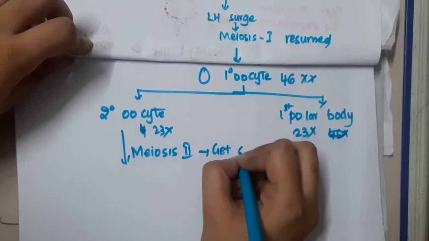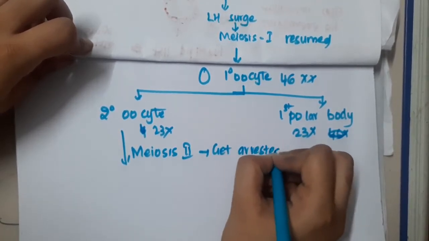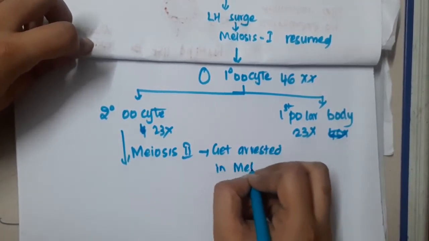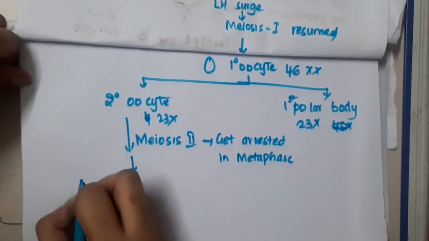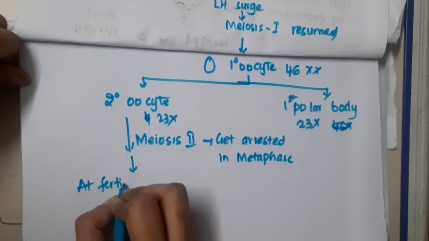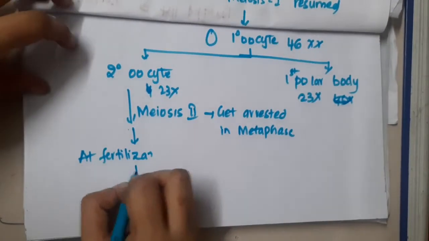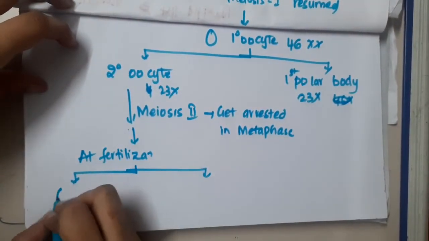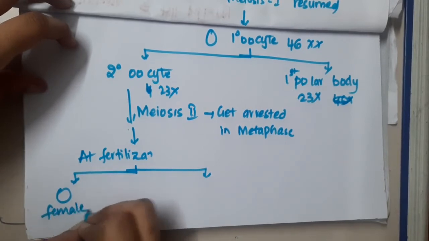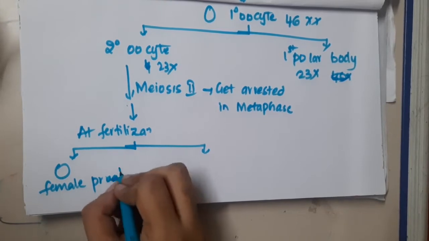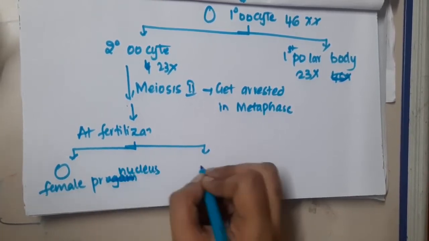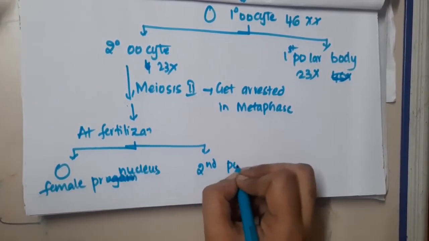This meiosis 2 now gets arrested in metaphase. After fertilization, this secondary oocyte divides into female pronucleus or female gamete or egg, and it gives rise to second polar body.